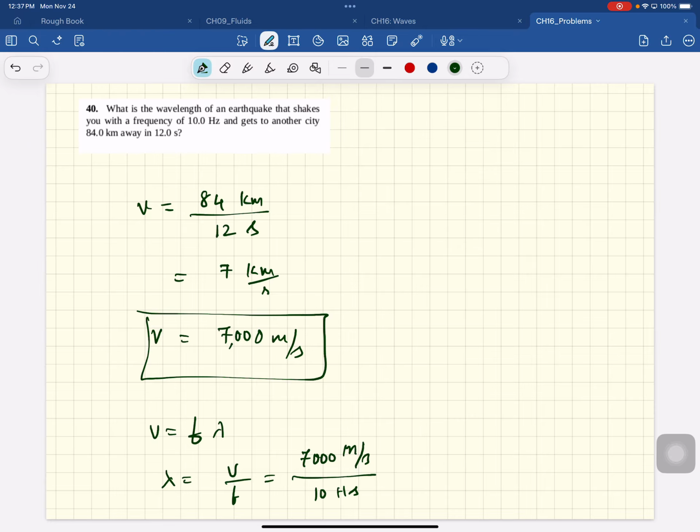Hertz is 1/seconds. So 700 meters is roughly from Clyde Morris to Nova. So that's maybe a little more than that.